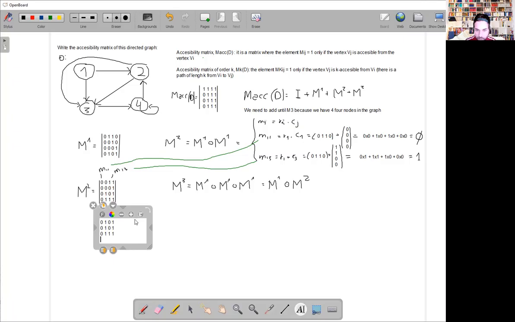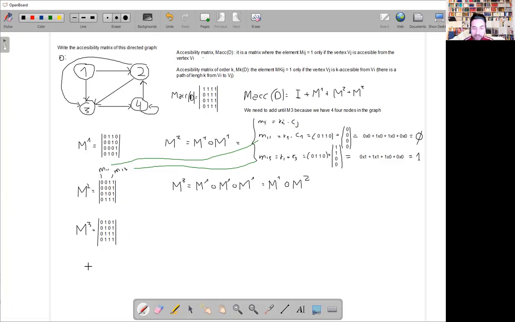And we pass to the fourth row and we get again 0, 1, 1, 1. Okay, so this is M3, the accessibility matrix of order 3.